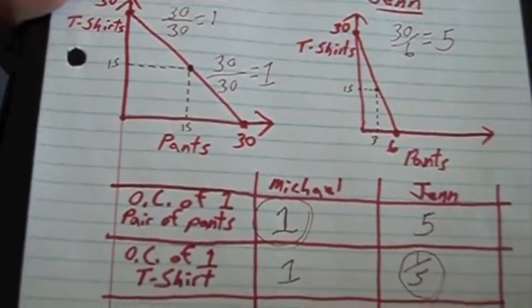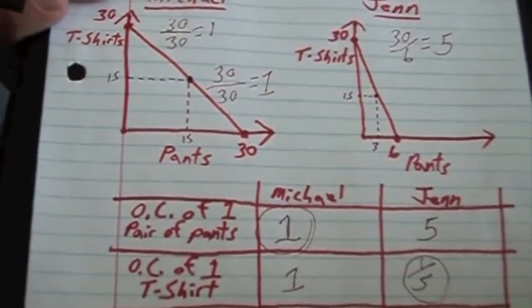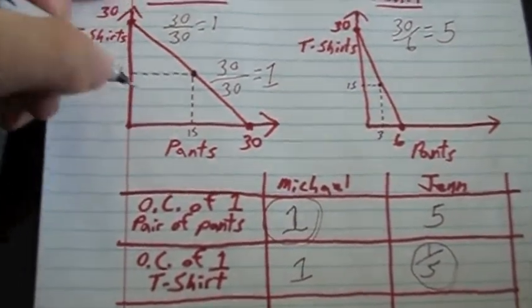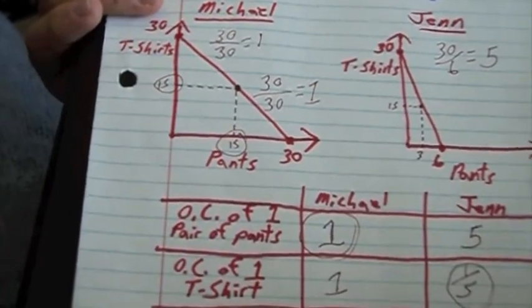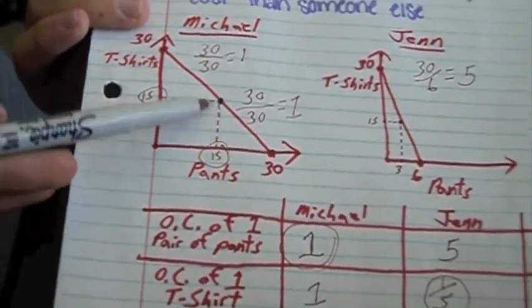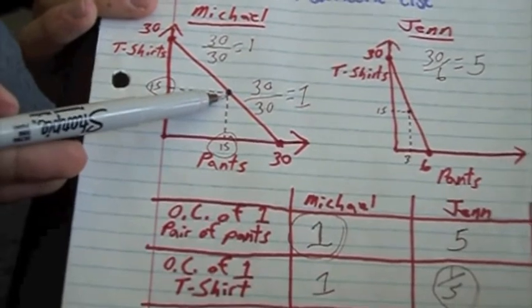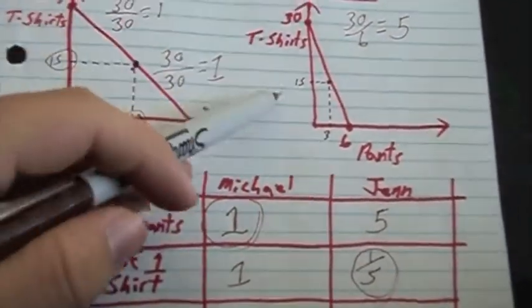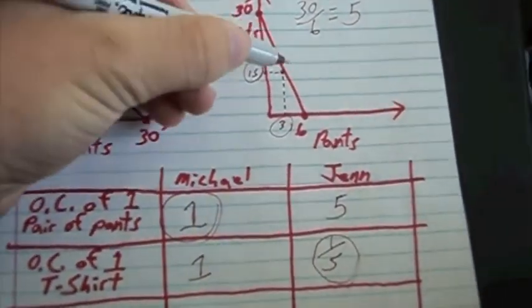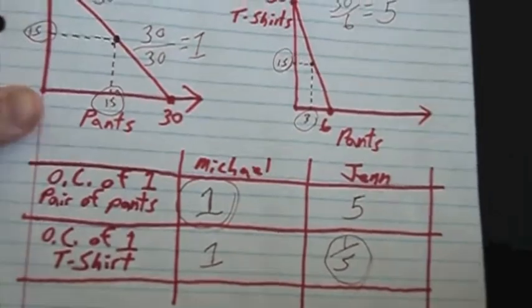If each person were to work individually, Michael could say make 15 t-shirts and also 15 pairs of pants, and that would lie on his production frontier. Jen could make 15 t-shirts and 3 pairs of pants, and that would lie on her frontier.